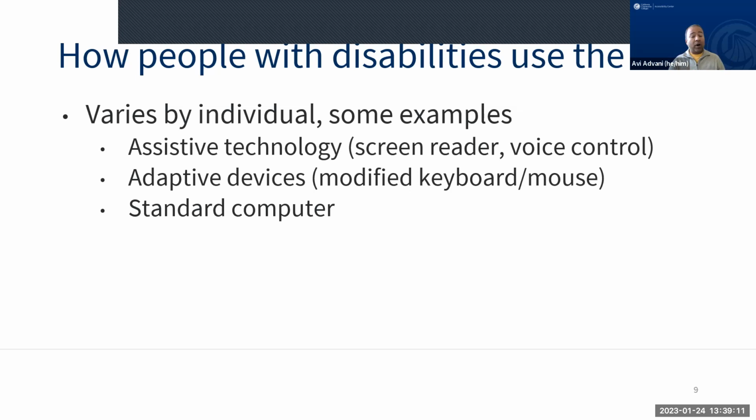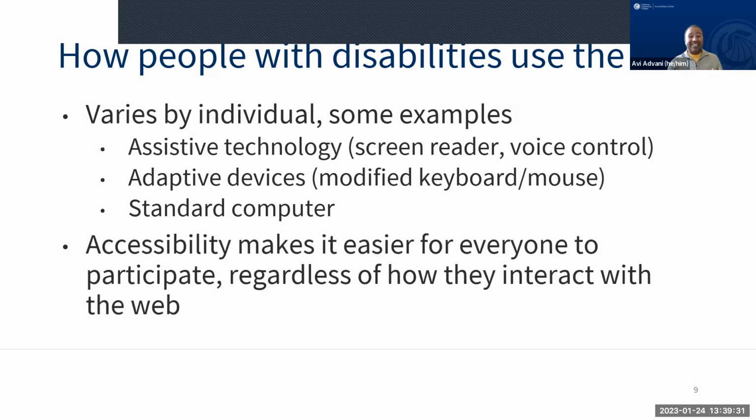So say I only have one arm, I might use a one-handed keyboard or a different input device for the mouse. And finally, in most cases, it could just be a standard computer with no specialized software or hardware. Now, because how people use the web varies from person to person, this is why accessibility is so important, because it makes it easier for everyone to participate, regardless of how they interact with the web.